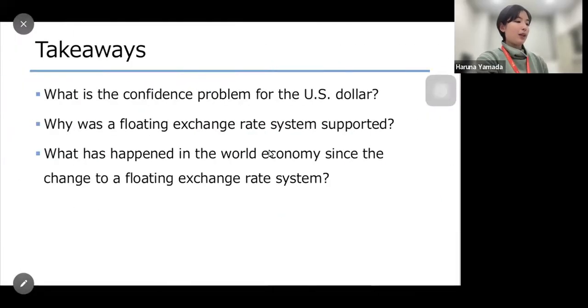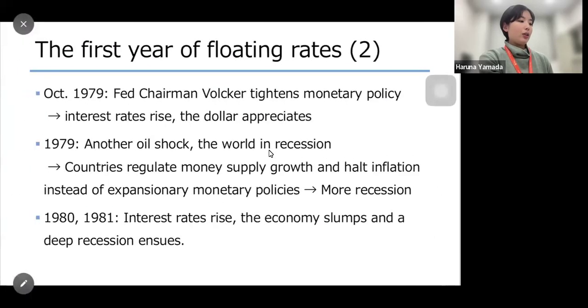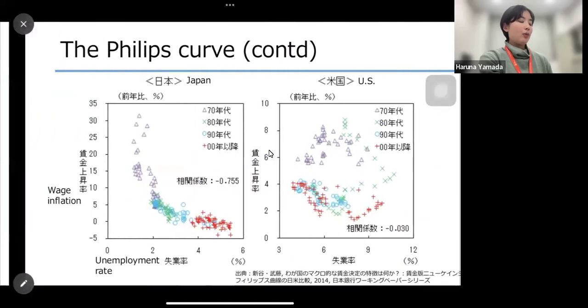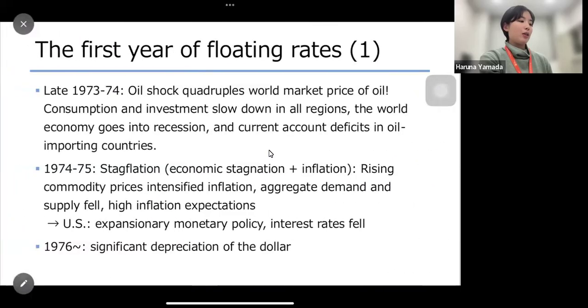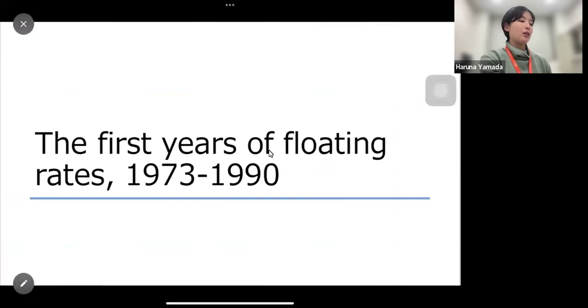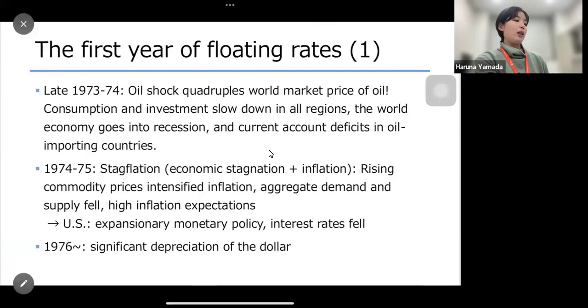Okay, what happened in the world economy since the change to a floating exchange rate system? When the world moved to floating exchange rate systems, there were several recessions and economic crises. The first one is the oil shock, and the second one is stagflation due to the oil shock.